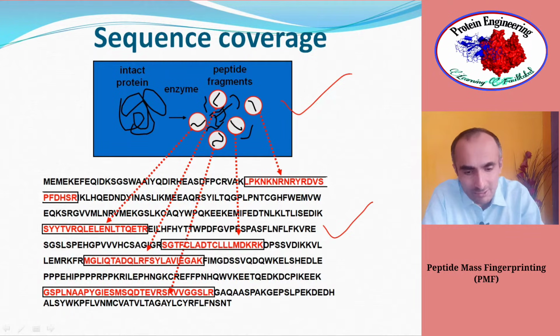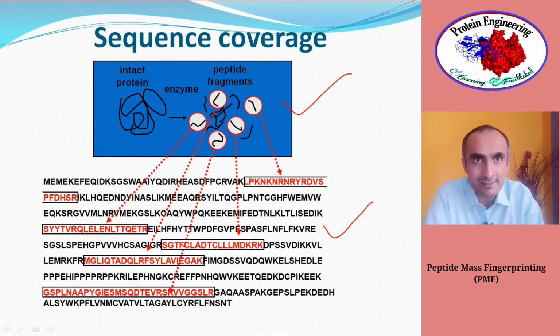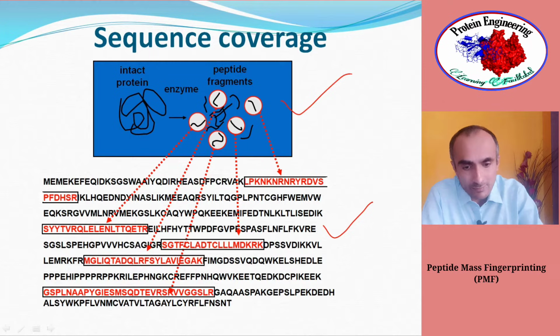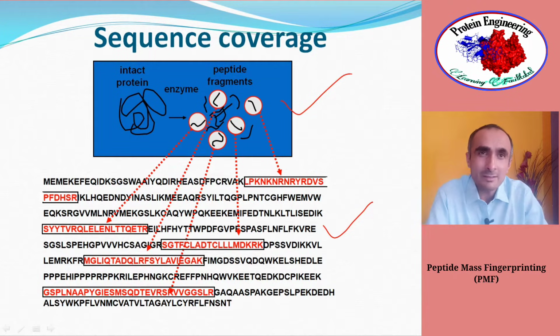Only the peptides shown in red color are matching exactly, the rest are not matching. There are different reasons for that, we'll discuss after this. And this is called sequence coverage, meaning the number of amino acids which are matching between the theoretical and experimental spectra. So sequence coverage should be high in order to have the best match.